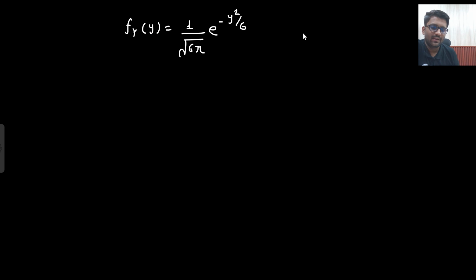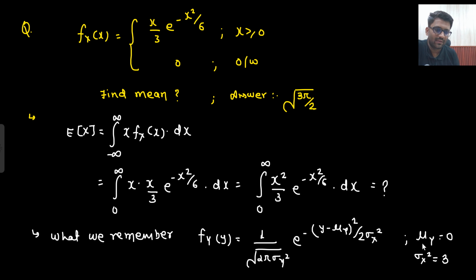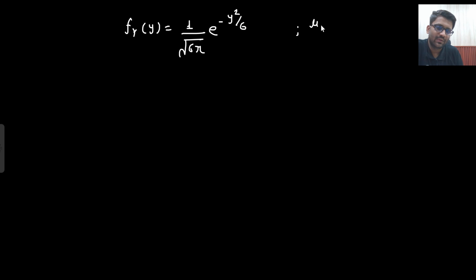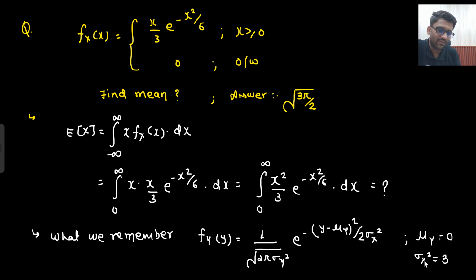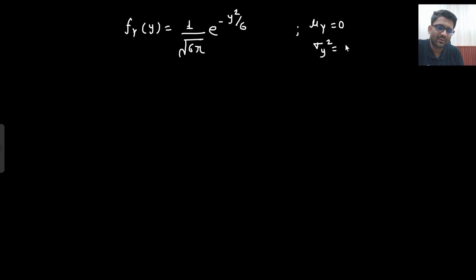Now you know that here I have put mu y equal to 0 and sigma y square equal to 3.